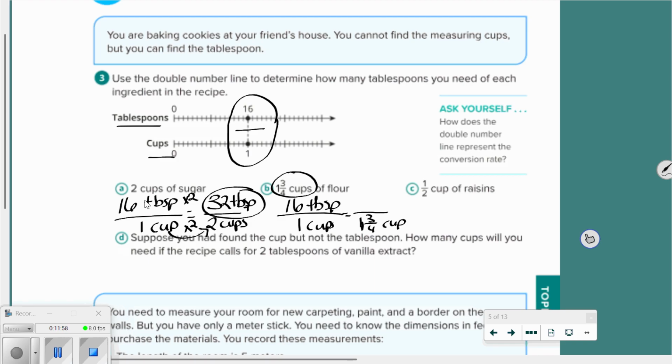What do you do to 1 to get to 1 3/4? Anything times 1 is itself. So if I need 1 3/4, I multiply 1 by 1 3/4.